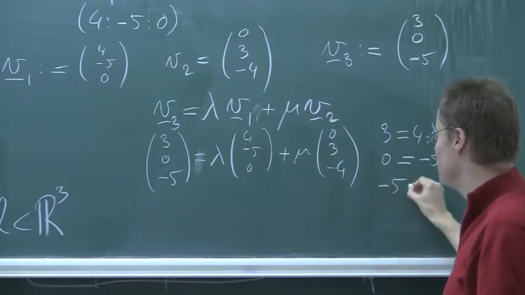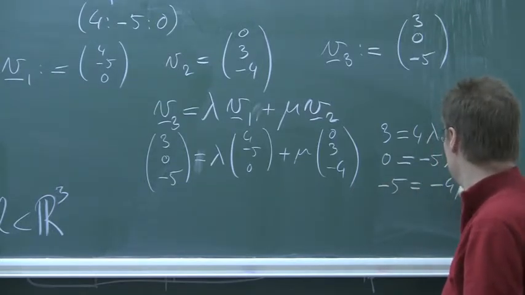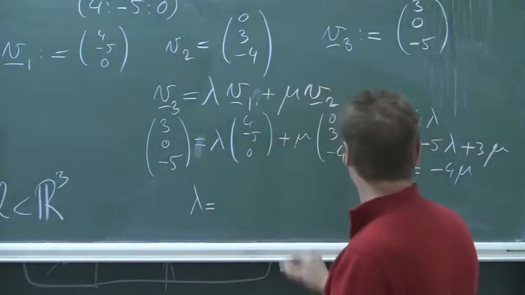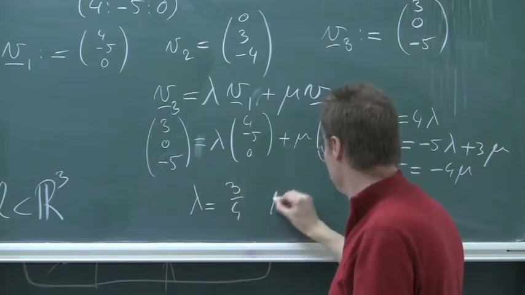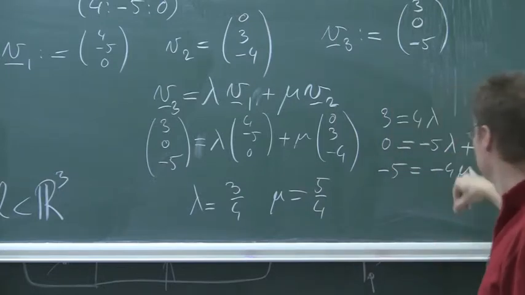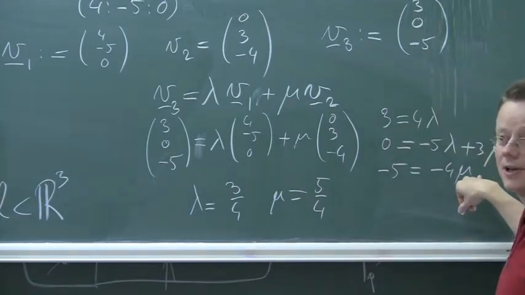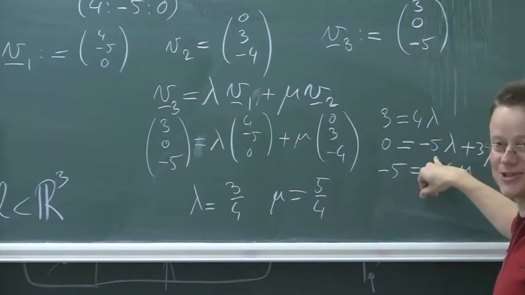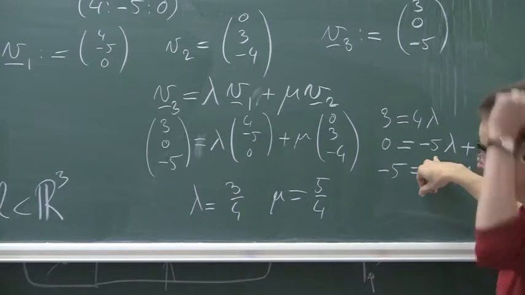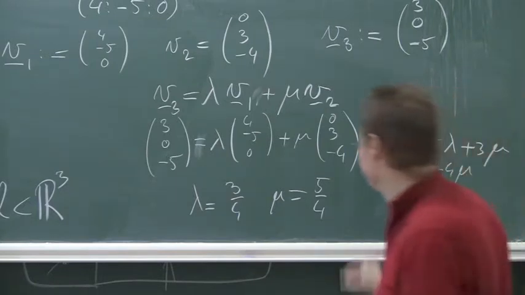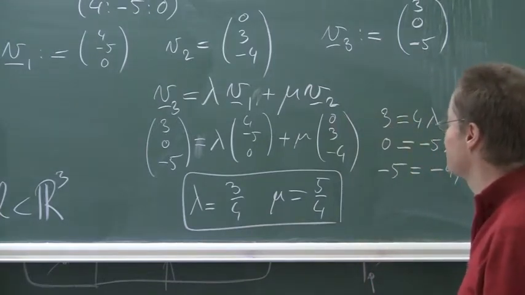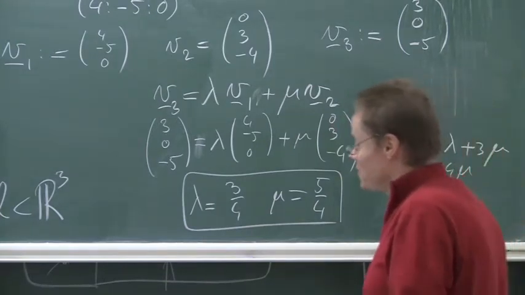And we have -5 = -4 mu. So what do we find? Lambda equals something, and mu equals something. I've used the first and the third, and if we're really brave, we check whether the second is true. Yeah, that's correct. That's easy. So that's one part.